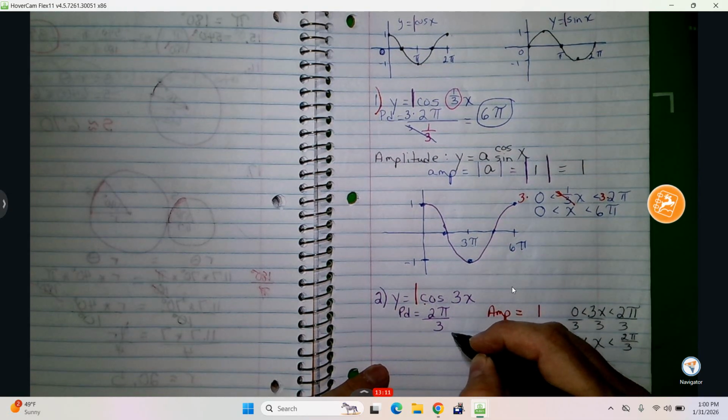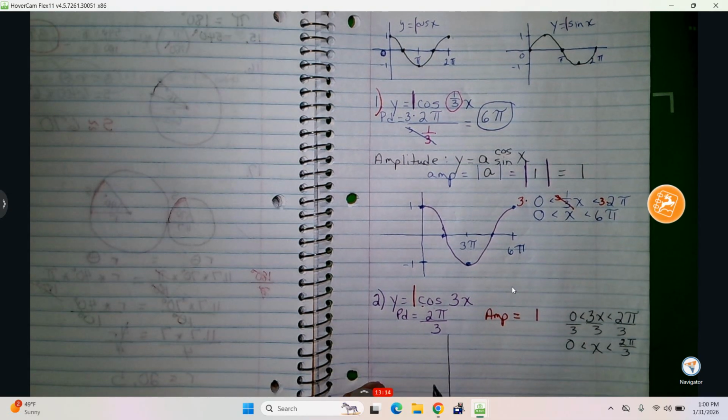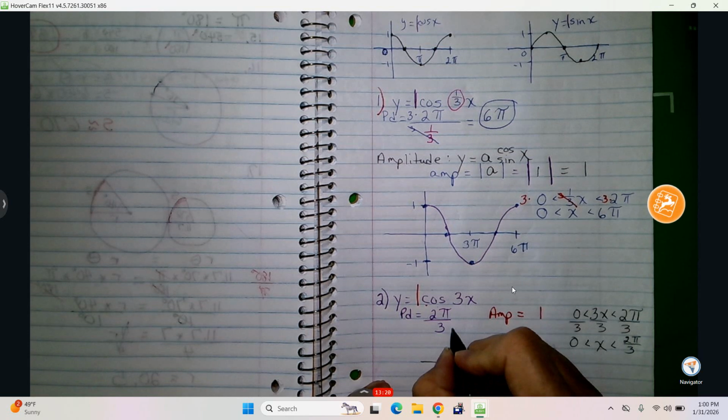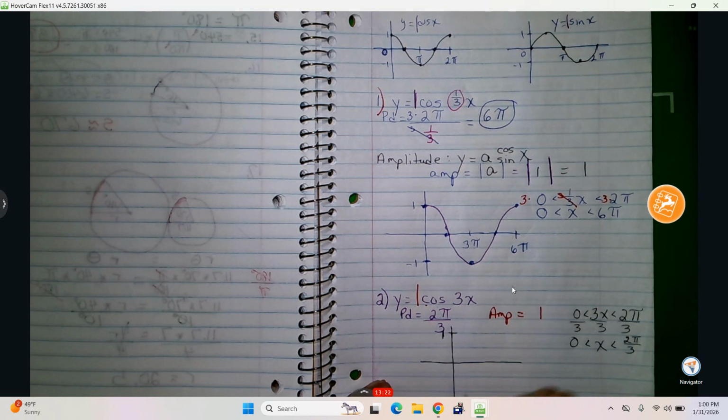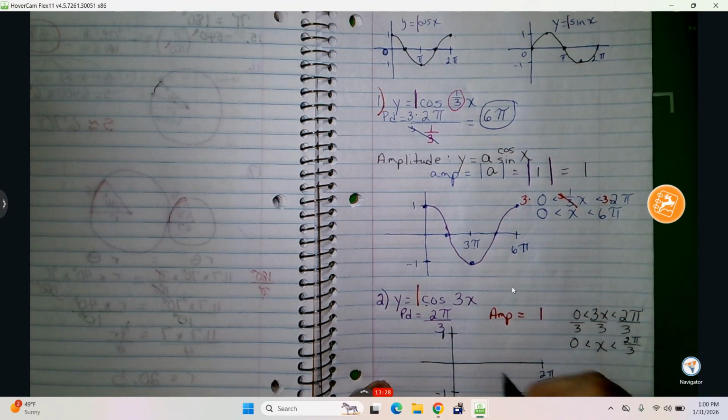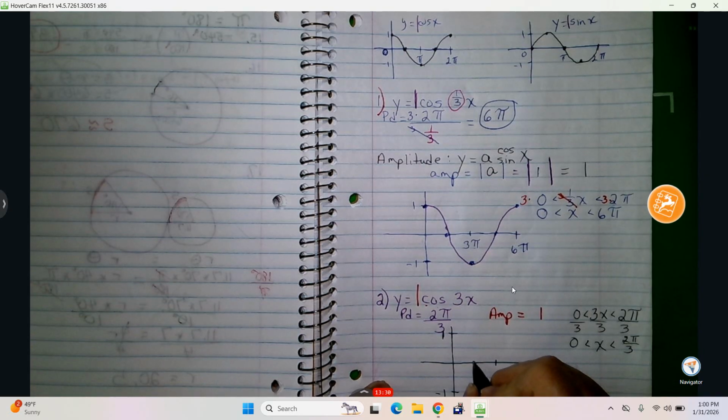So I'm going to draw a small graph. The amplitude is 1. Instead of 0 to 2 pi, it's 0 to 2 pi over 3. I'll break it up into fourths.